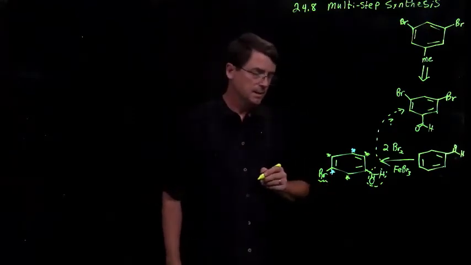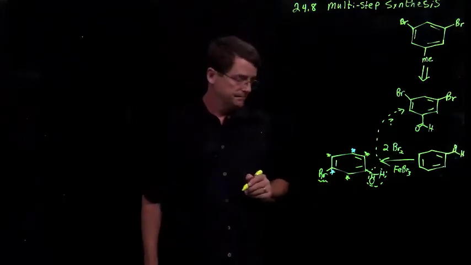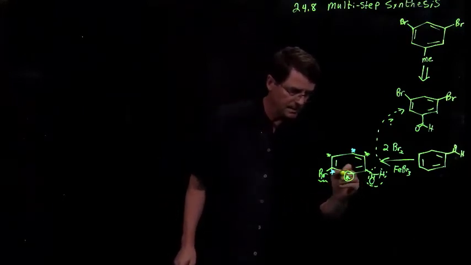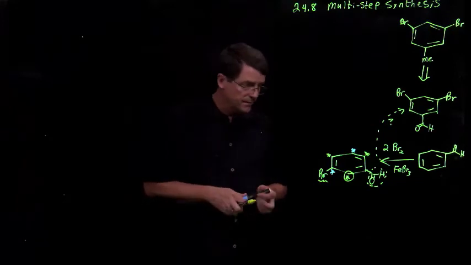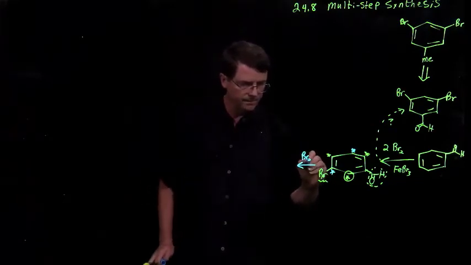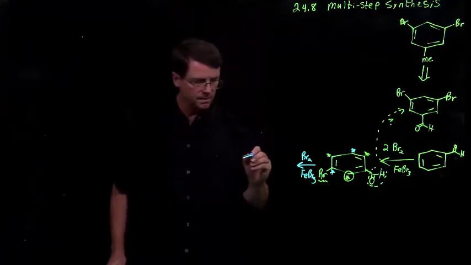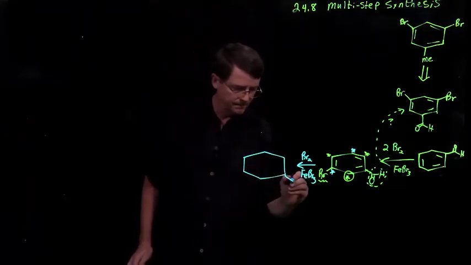So this is a conflict resolution problem with a meta issue. So we do not get substitution at the position that has 2 ortho substituents. So in fact, the second bromine on this does not go in the desired position to make our target molecule.